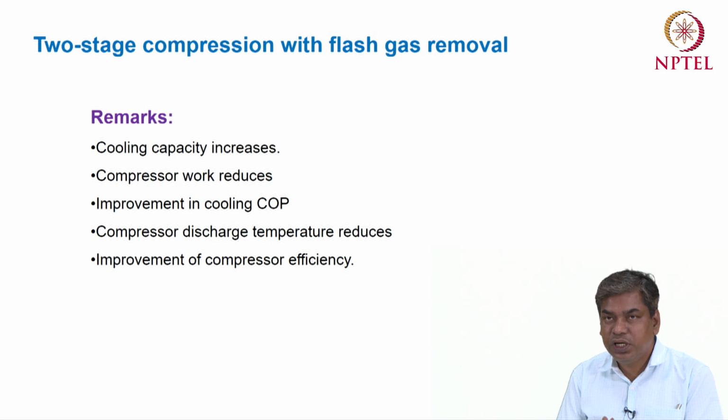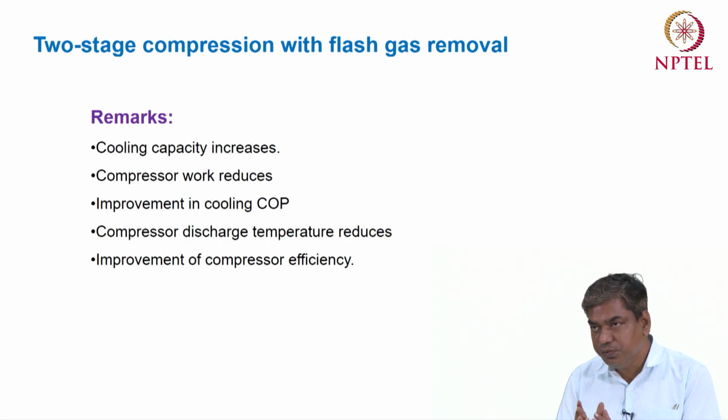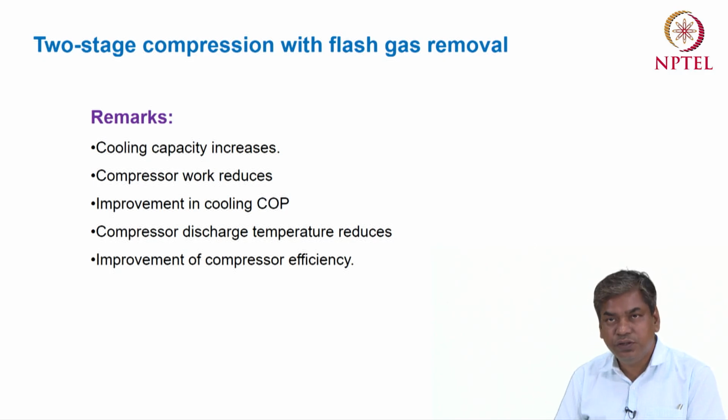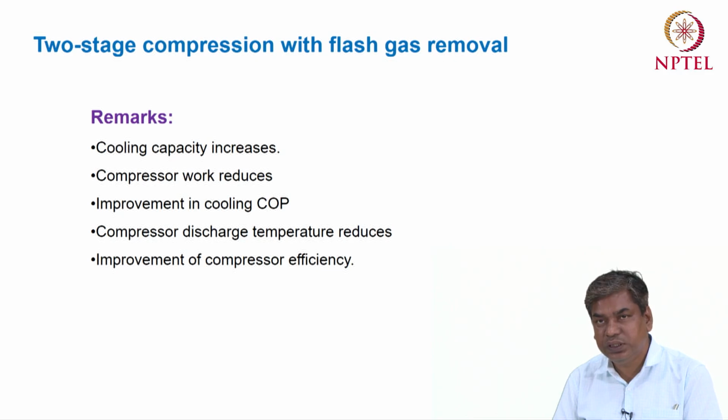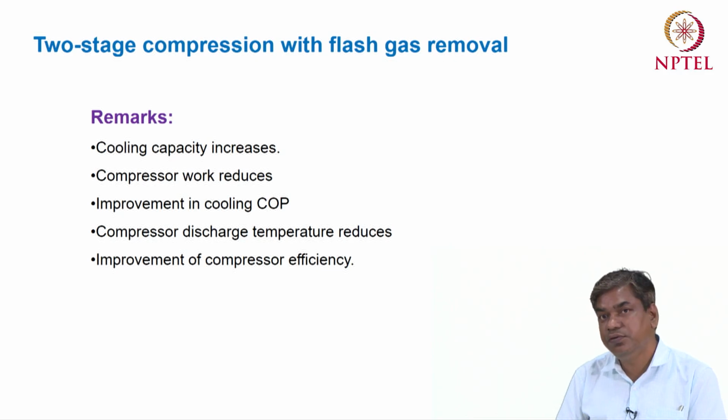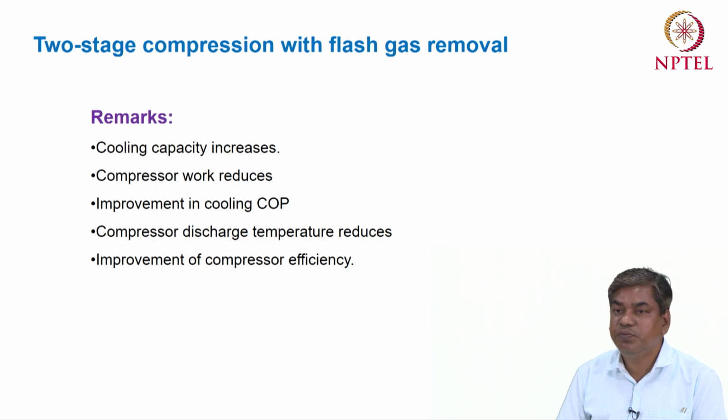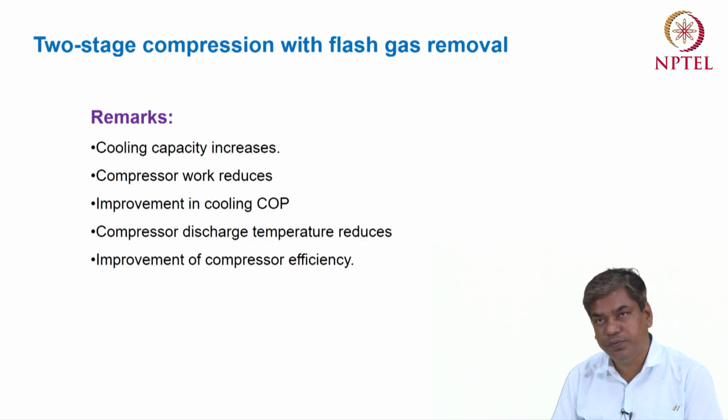One effect is related to the temperature, or the density, during the compression process. We have already discussed that your compressor work, if you assume the isentropic process, will be reduced by using the two stage compression. And another effect is due to the increase of isentropic efficiency of the compressor.